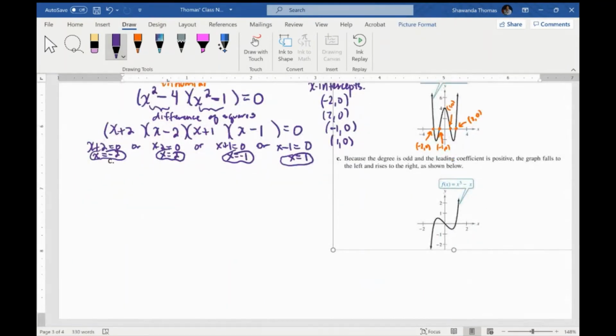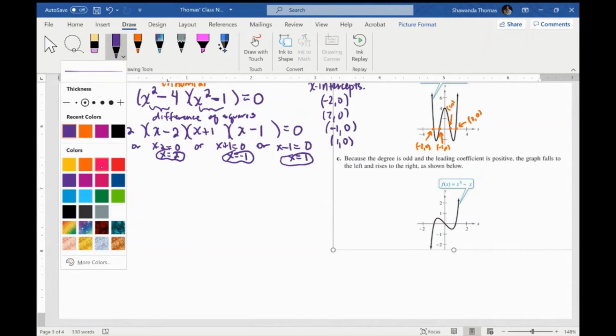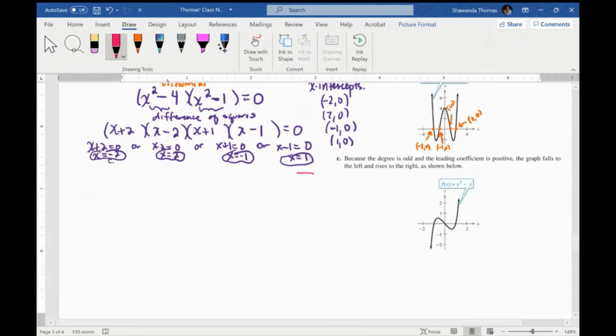All right, let's move on to C now. We're going to set x to the fifth minus x equals 0. Someone other than Kenneth, Alicia, and Nakiria, what would you do first? You're going to factor.